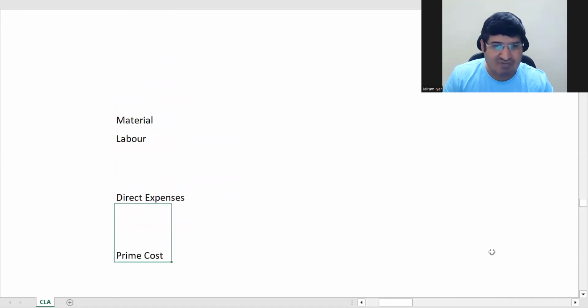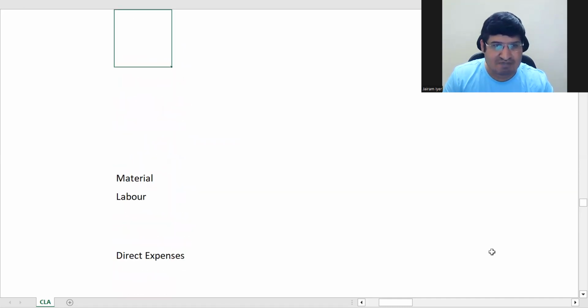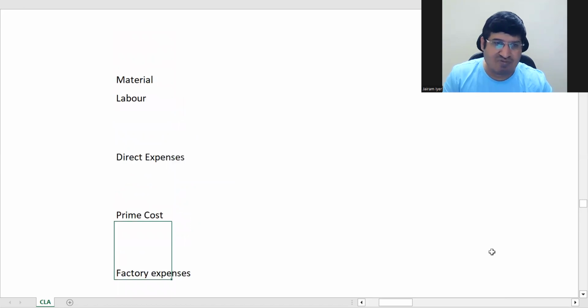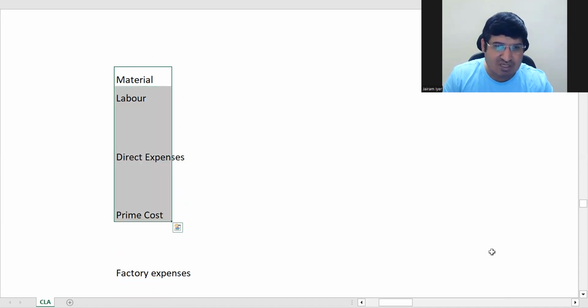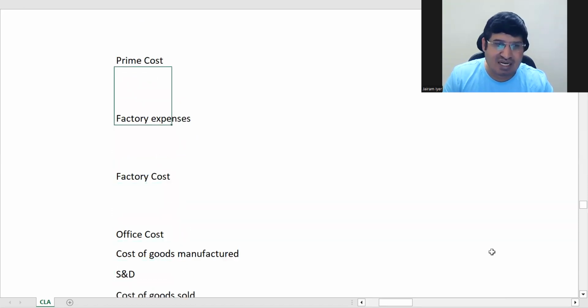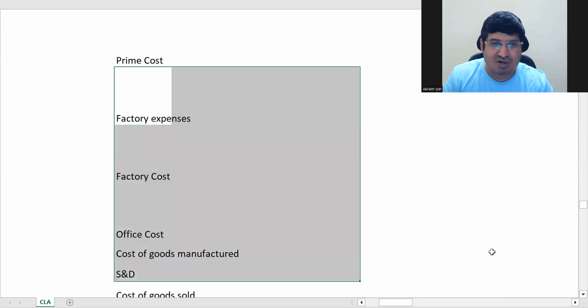So why I showed you this is, if I want to show the same thing in trading and P&L, this material till prime cost will come in your trading account, and after factory, it will come in P&L account.